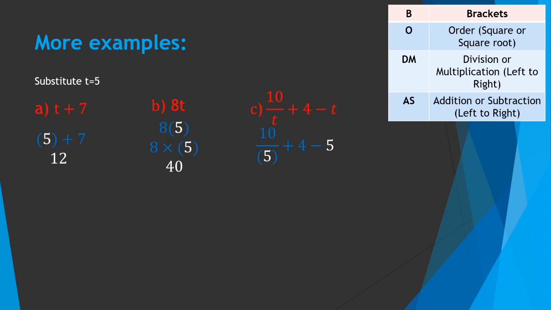Okay, so 10 over 5 plus 4, take away 5. And we do have division that goes first, so we're going to do 10 divided by 5 first, which gives us 2. And then we rewrite the rest. Then we've got 2 plus 4 take away 5, and we're going to now do addition or subtraction, working left to right. So addition comes first, so we're going to do 2 plus 4, which is 6, take away 5, which gives us 1.